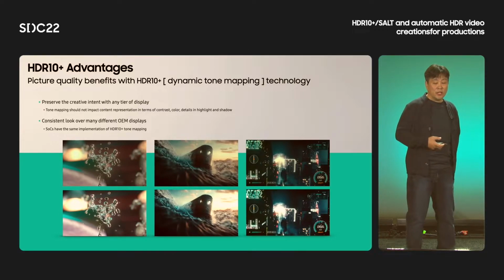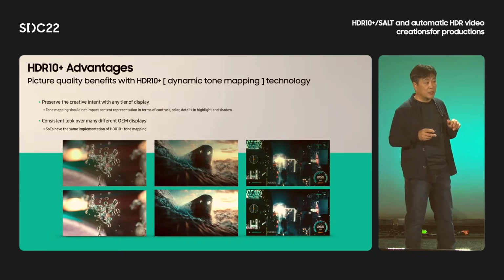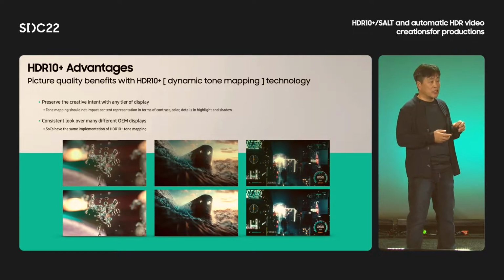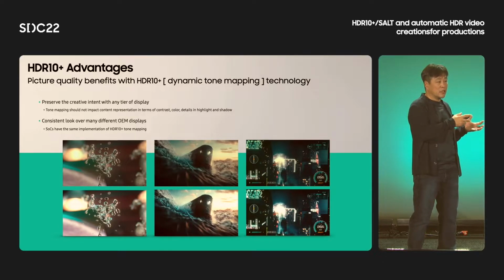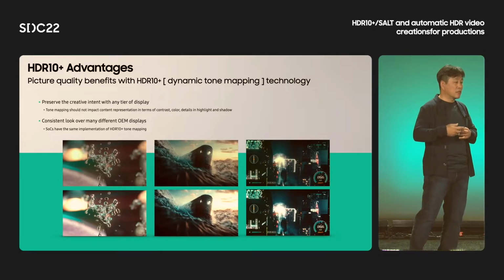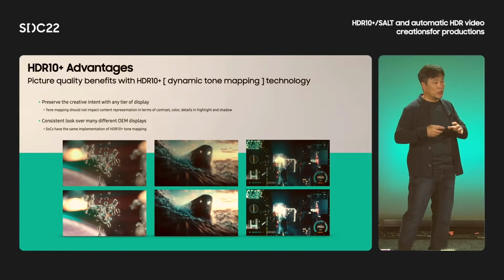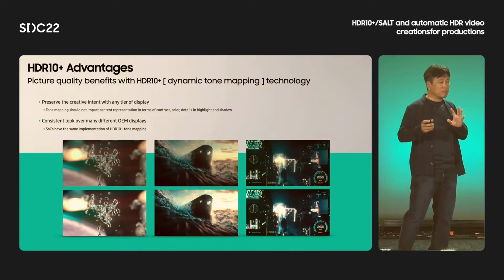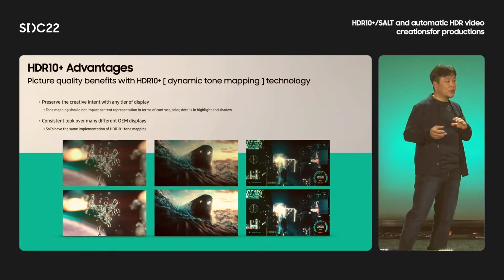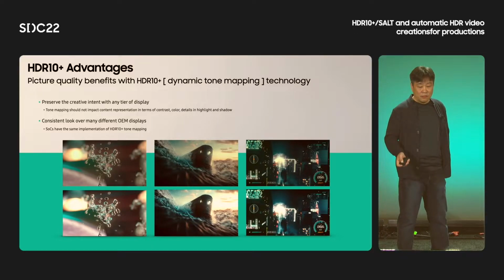The advantage of HDR10 is the preservation of the creator intent, because the algorithm was originally designed to preserve the original creator intent as much as possible, instead of giving some room to others to modify the picture quality. That's a little bit tricky, so we were trying to keep the original creator intent.